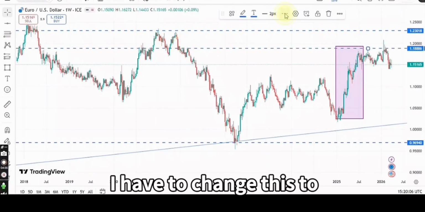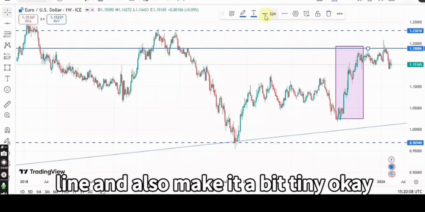I have to change this to line and also make it a bit tiny.